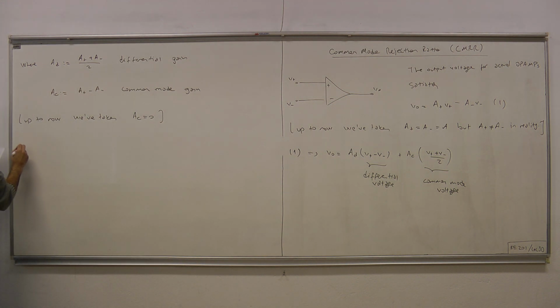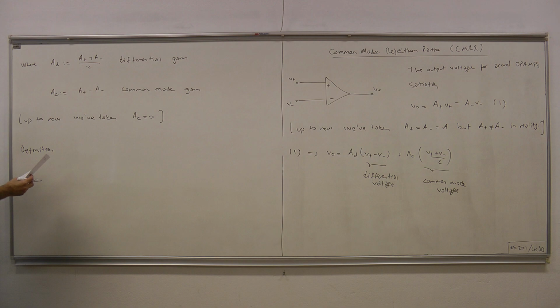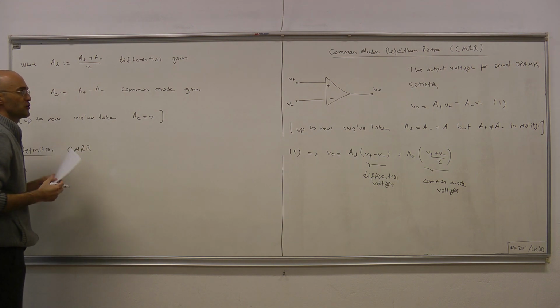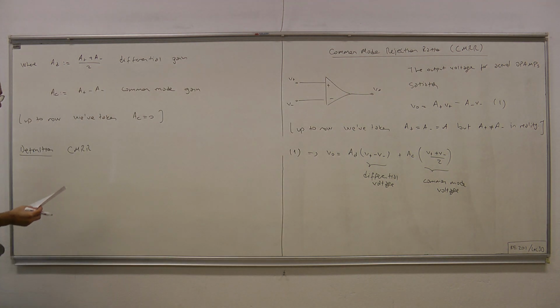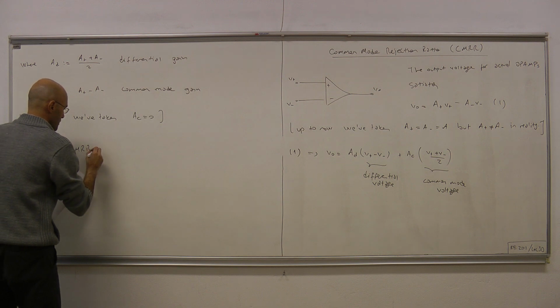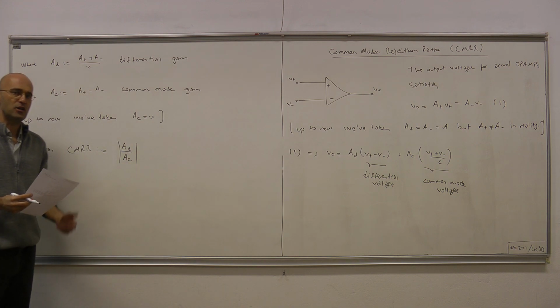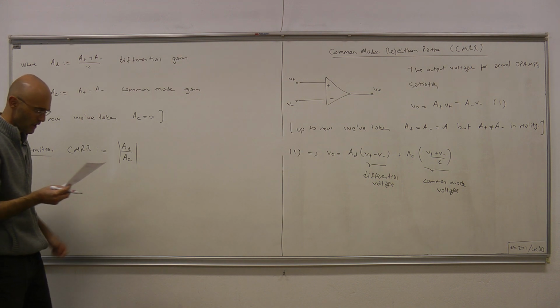Now here is a parameter that determines the quality, in a sense, of the op-amp, and its common mode rejection ratio, the title of our mini chapter. And common mode rejection ratio is defined as the magnitude of this ratio, AD to AC.